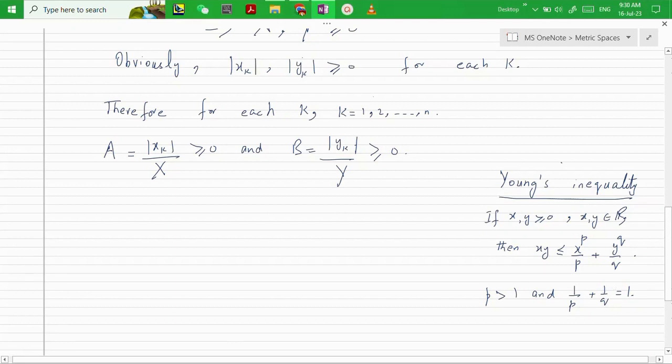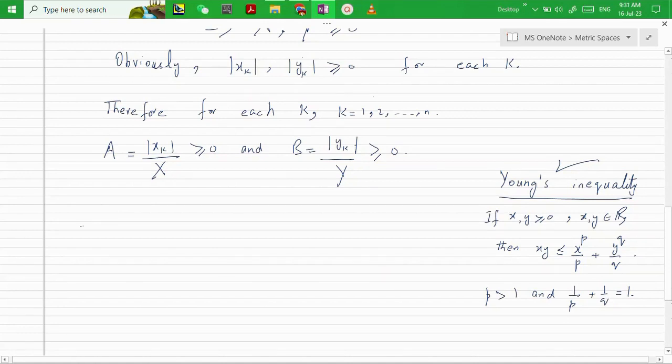So we apply this Young's inequality for our A and B, A non-negative and B non-negative, for each k. When we apply Young's inequality, what do we get?